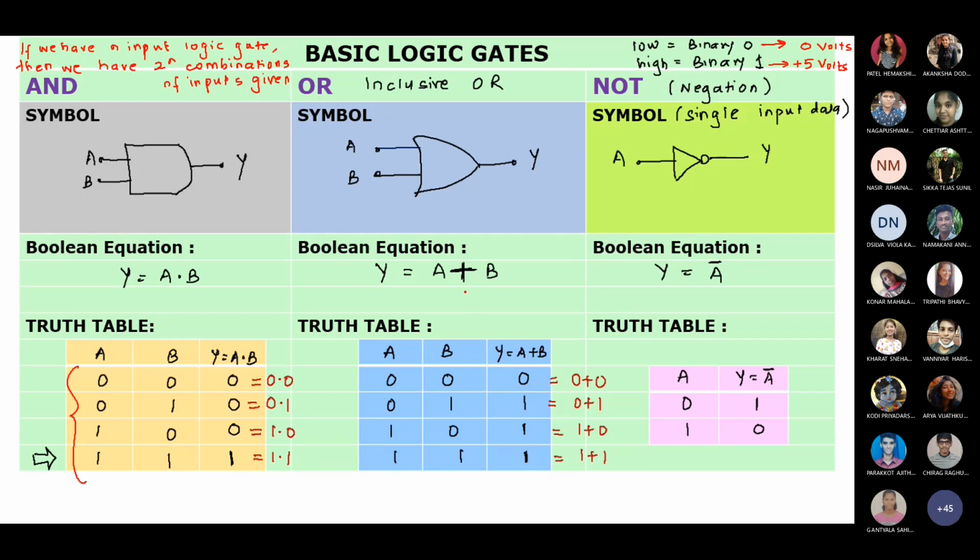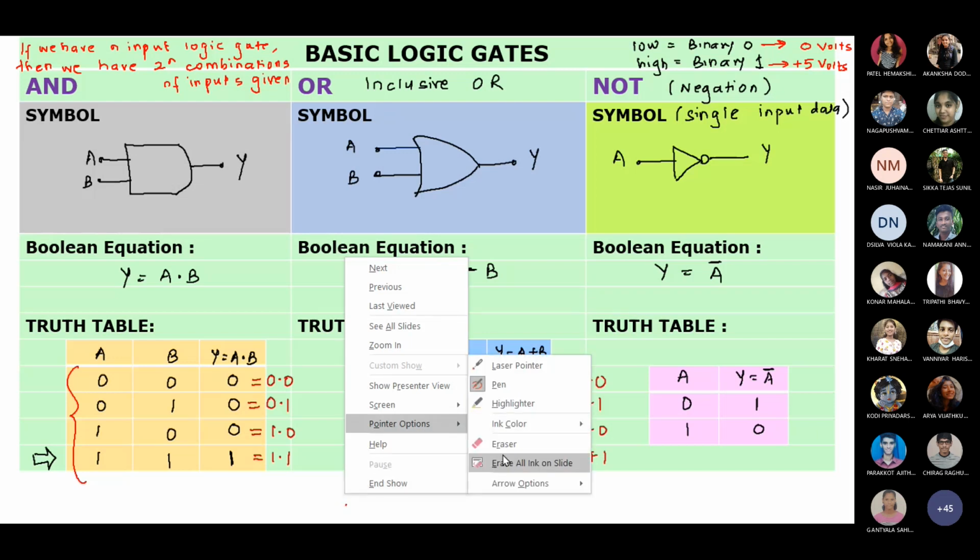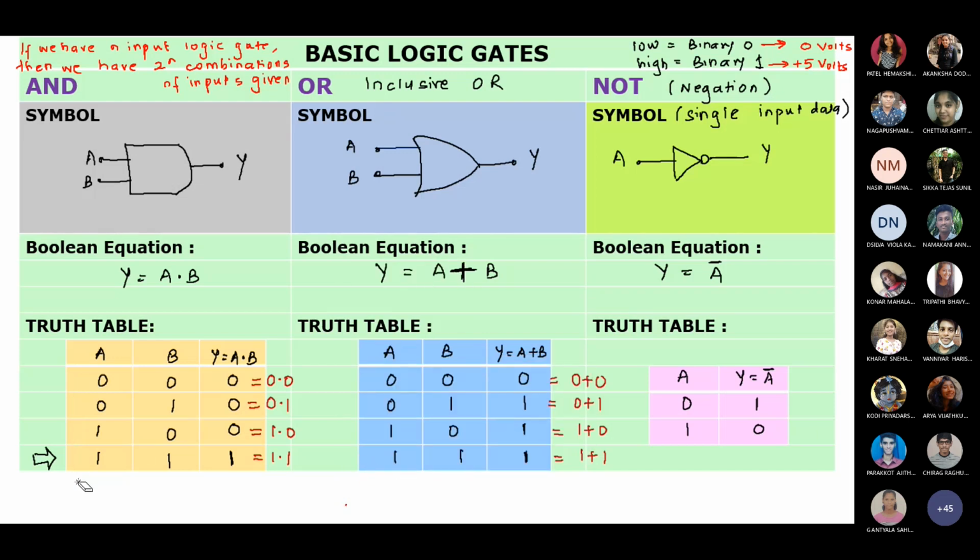The Boolean expression of OR gate is A plus B, because plus symbolizes OR. The truth table will be the same, as it is a two input gate, so we have 4 combinations of input 0, 0, 0, 1, 1, 0, 1, 1. These combinations remain the same for any similar input gates.